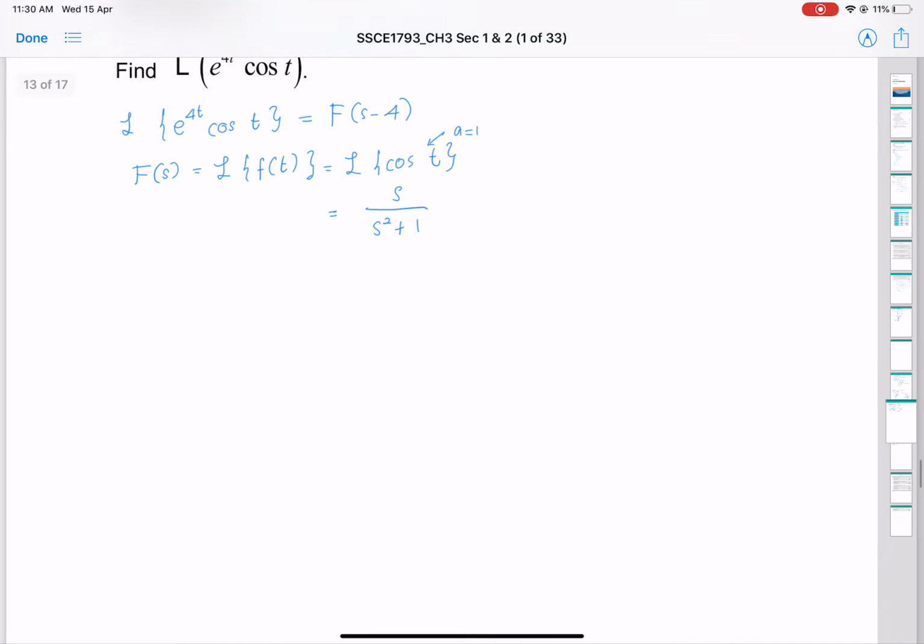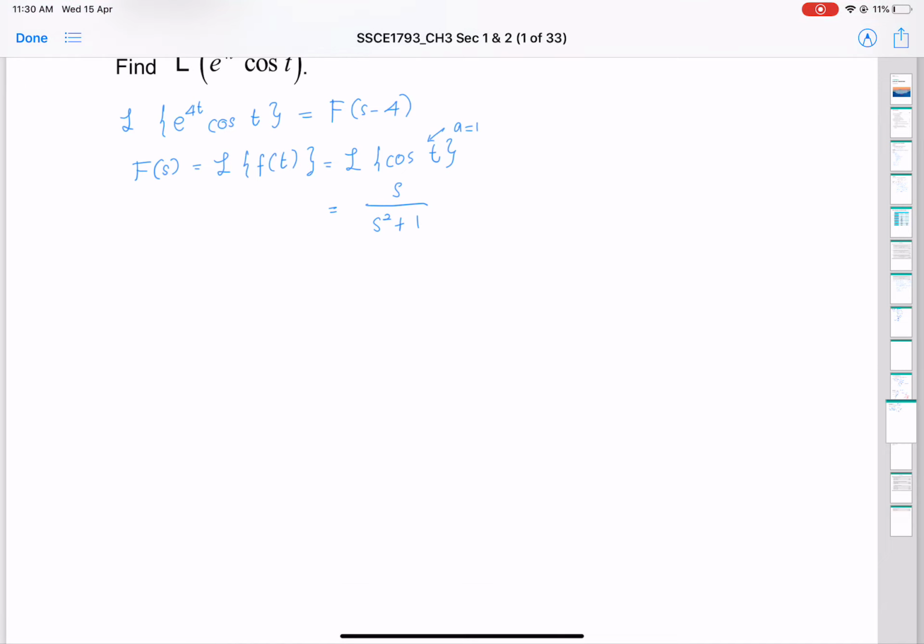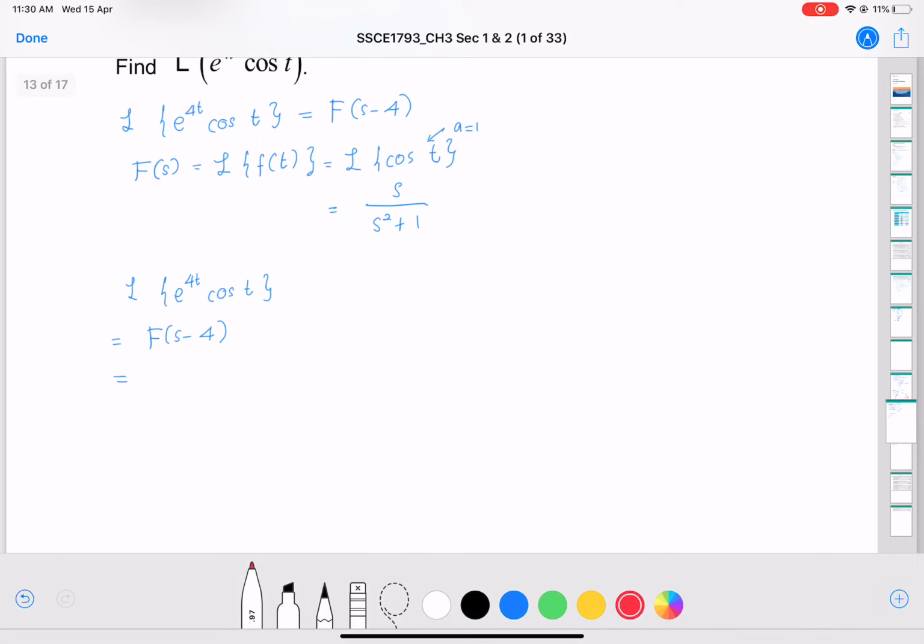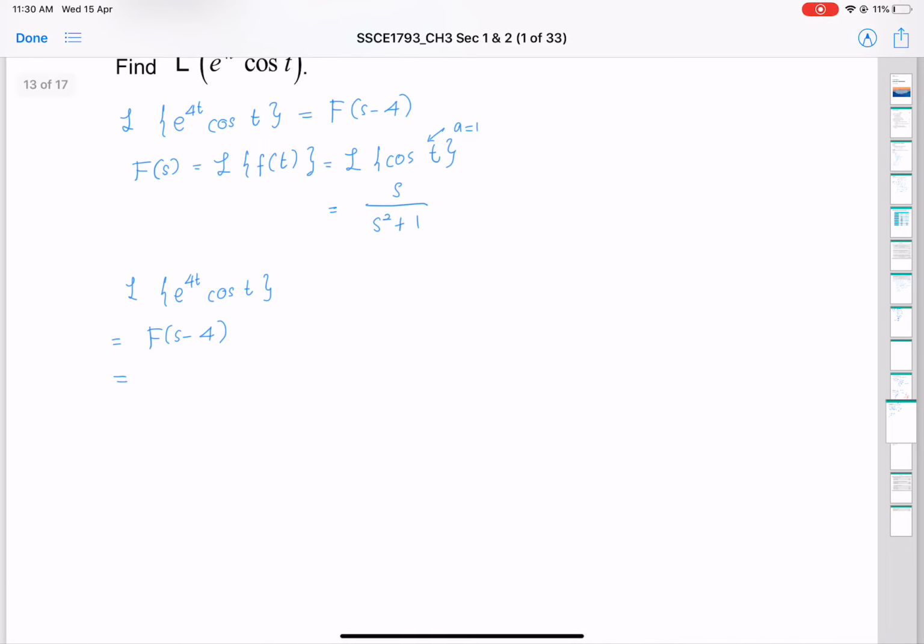Right? So therefore, Laplace transform of exponent 4t cos t is equal to fs minus 4. So now you replace all terms s here with s minus 4. This one and this one, all terms s. So you have s minus 4 over s minus 4 square plus 1.